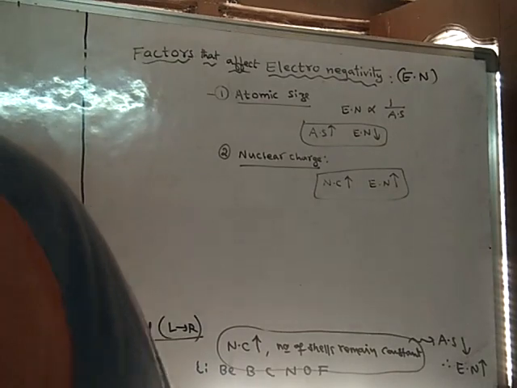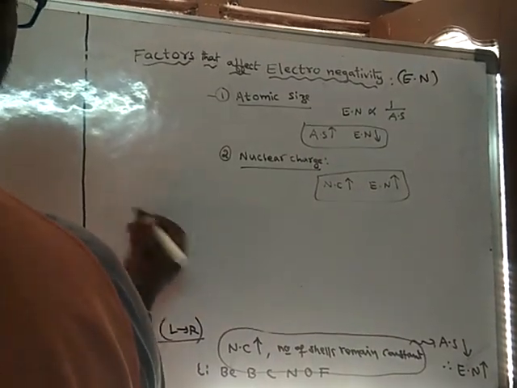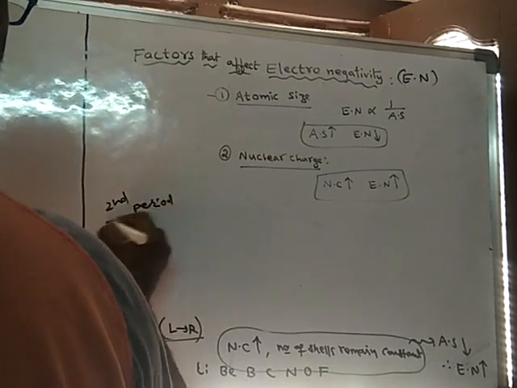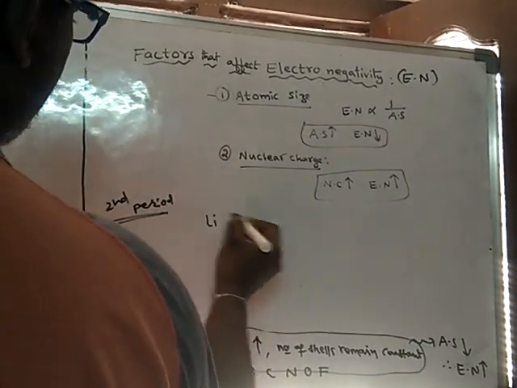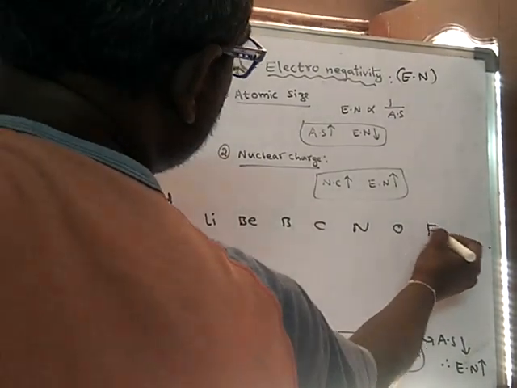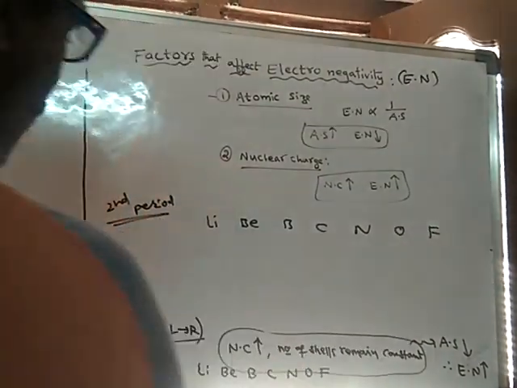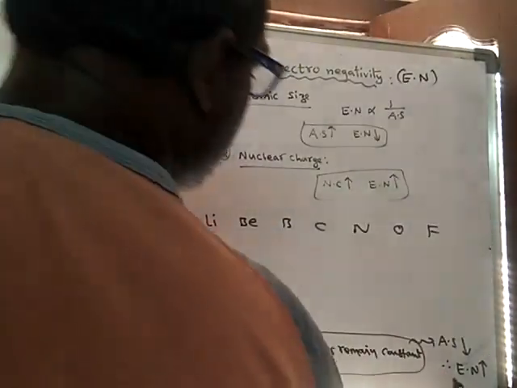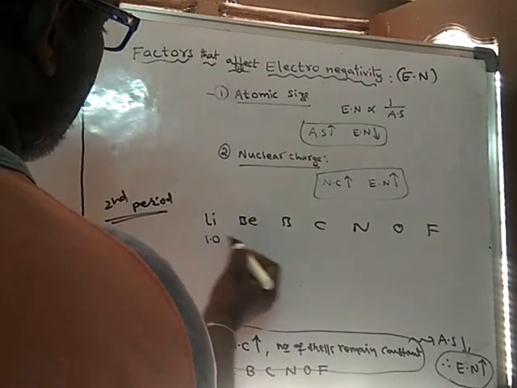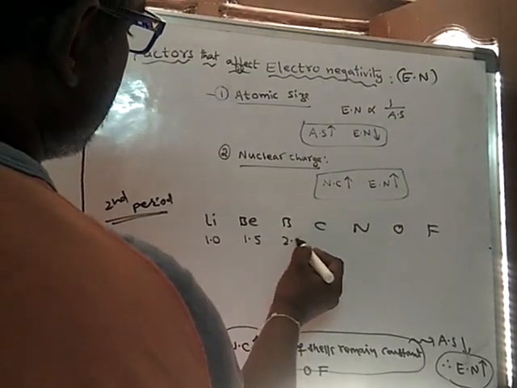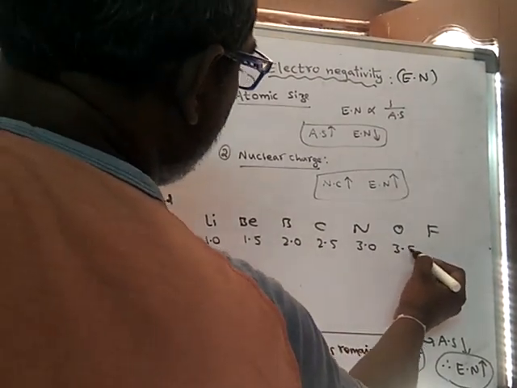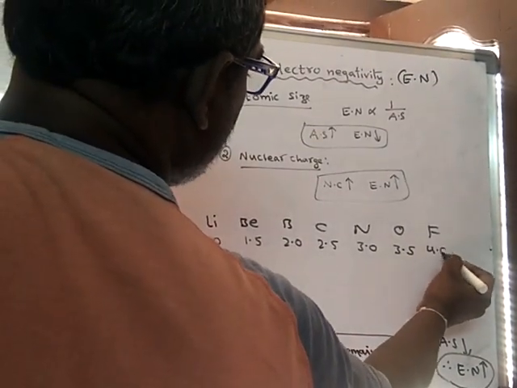So we will write the elements of a period, for example the second period: lithium, beryllium, boron, carbon, nitrogen, oxygen, fluorine. What should happen along a period? Electronegativity should increase. Actually, lithium possesses 1.0, beryllium is 1.5, boron is 2.0, carbon is 2.5, nitrogen is 3.0, oxygen is 3.5, fluorine is 4.0.